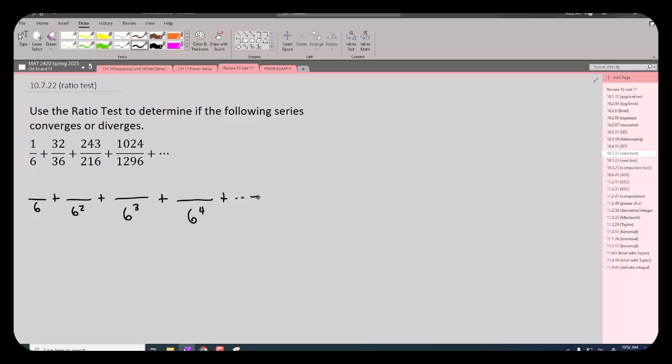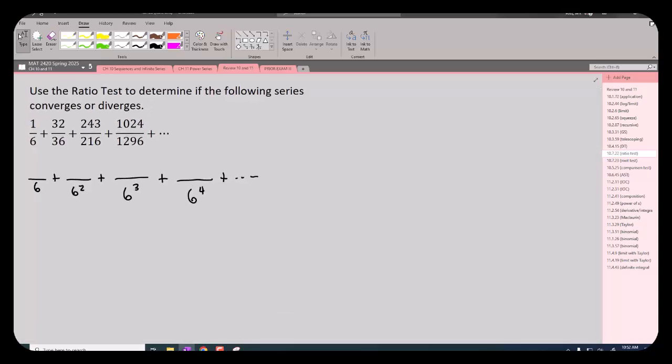Do we see any pattern in the numerator? Let's see. Anyone see anything? So we could look at the factors of 32. 32 is 16 times 2. You could write this in lots of different ways. It's going to be 2 to the 5th, essentially.